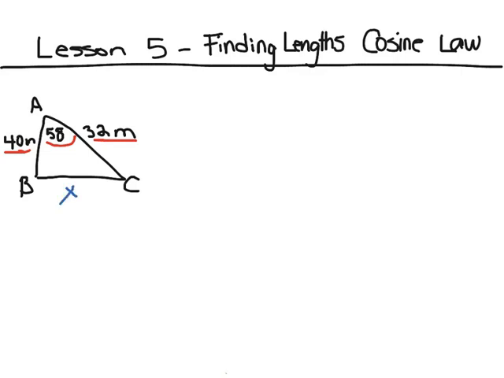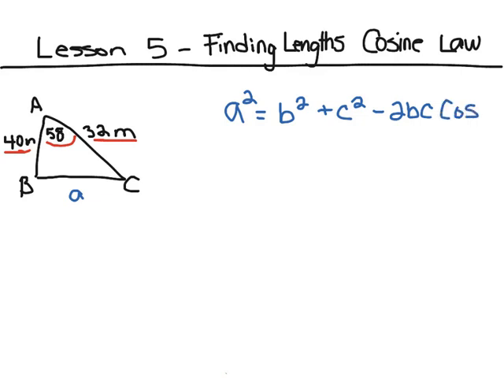So that is the same as A. I guess I should put an A instead of an X. So we want to find A. So we're going to set up our cosine law. We're looking for the A. We have the other two sides minus 2 times the other sides times the cos of the angle.